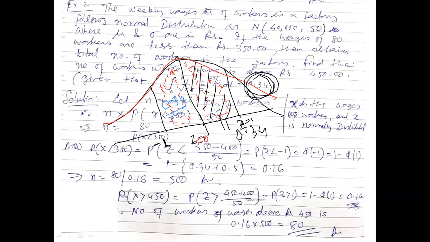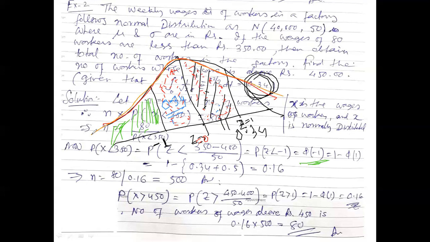Now what do we have to find? We have to find this part. As per the definition, phi of minus 1 is the left side of minus 1. Now you see the total probability is 1.